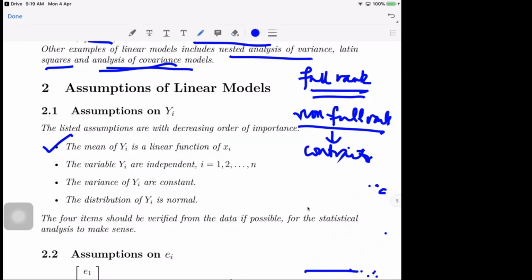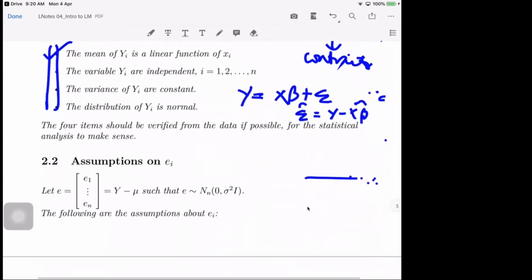If you look at the model, y is equal to x beta, which is your mu, plus epsilon. The error term is equal to y minus x beta, estimated with hats.